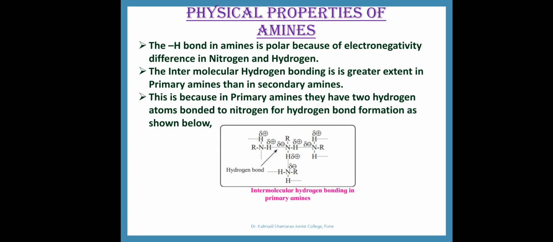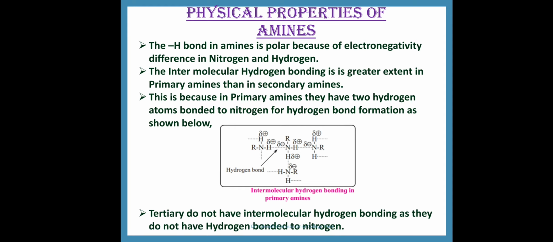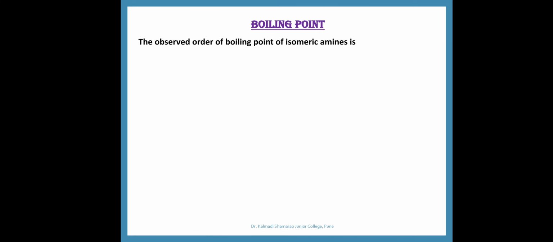As you can see, there is more hydrogen bonding in the primary amine, and hence primary amines have a greater extent of intermolecular hydrogen bonding. Tertiary amines do not have intermolecular hydrogen bonding as they do not have hydrogen bonded to the nitrogen. Now let us see the boiling point.